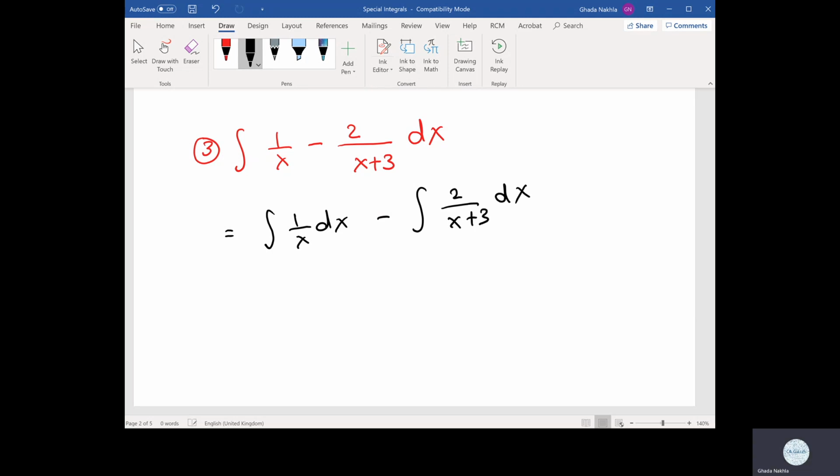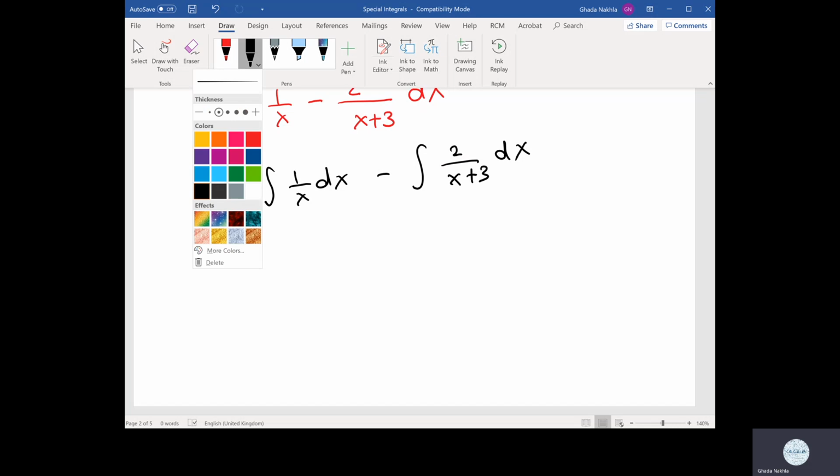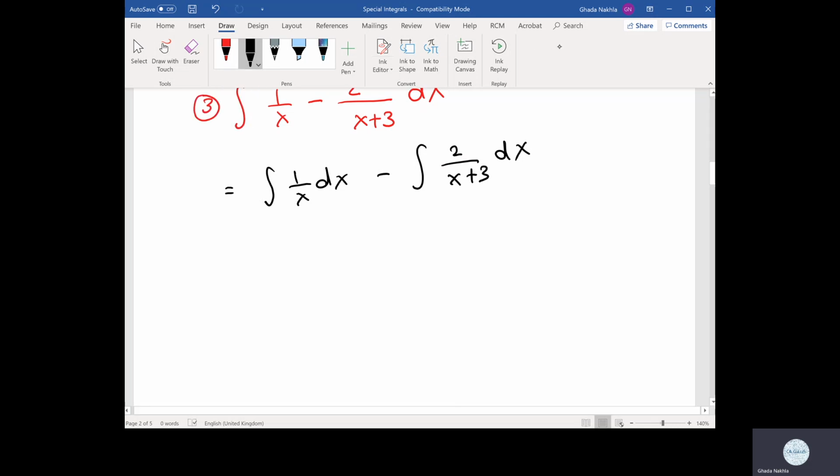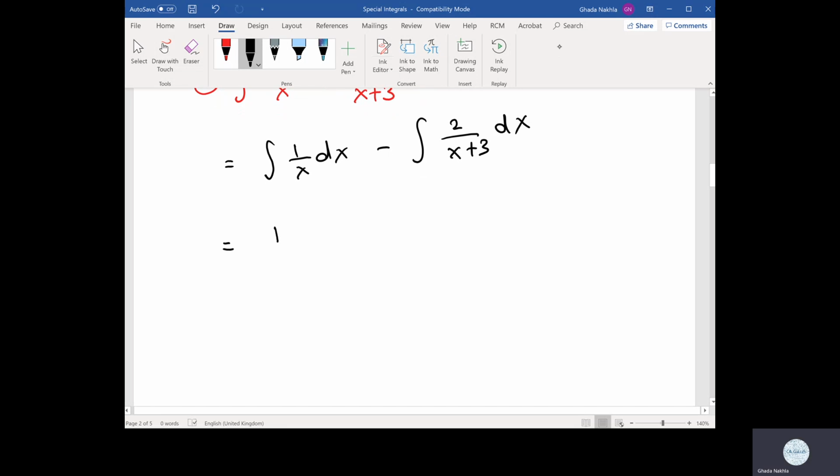I can split the integration in 2 halves. Okay, and then I'm going to start integrating. When I integrate 1 over x, I get ln mod of x plus c, but we're going to put the c at the very end.